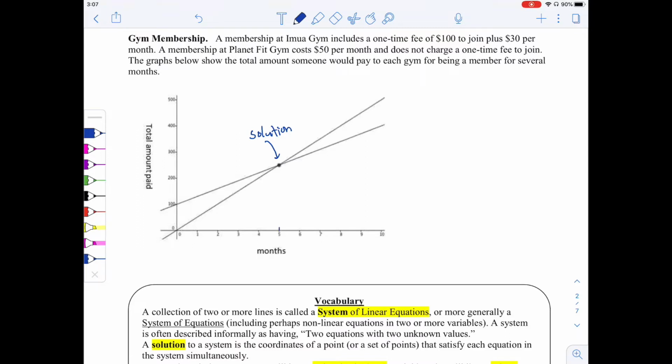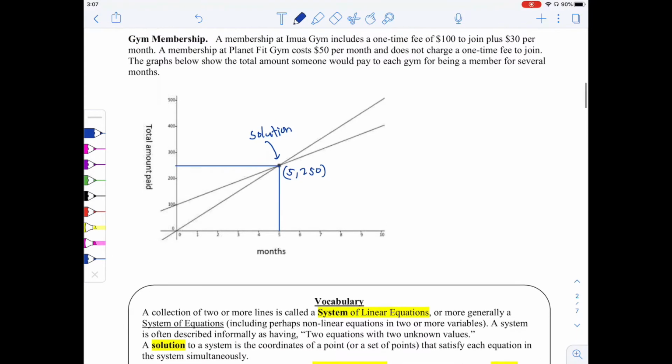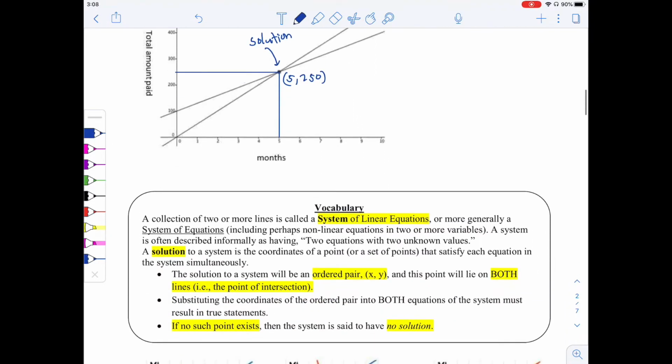At that point, you just go up. It's 5. I'm going to go across. It's about 250, right? So this is (5, 250), and that's your solution. So after 5 months, they both will cost $250 for this gym membership.